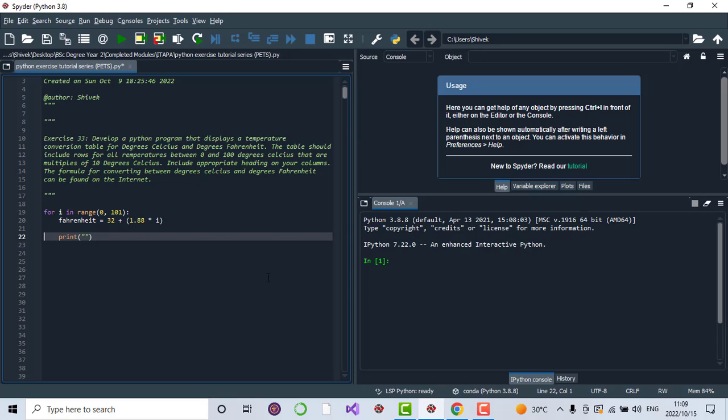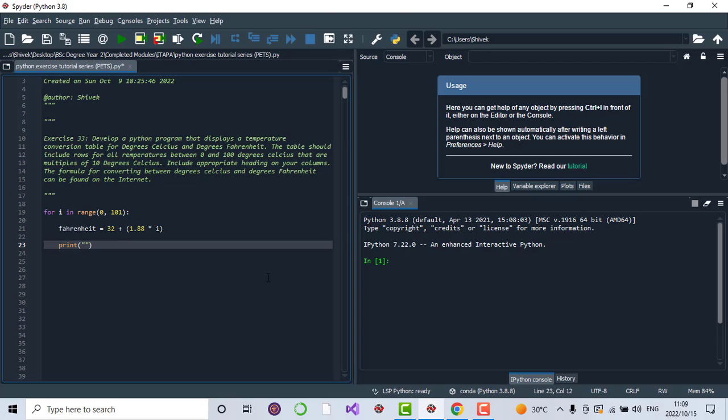So the way in which we convert from degrees Celsius to Fahrenheit is to take the degrees value, multiply by 1.8 or 9 over 5, and then add 32 to it. That's good. Next, we may actually proceed to give some formatting for this problem to have a nice printout.